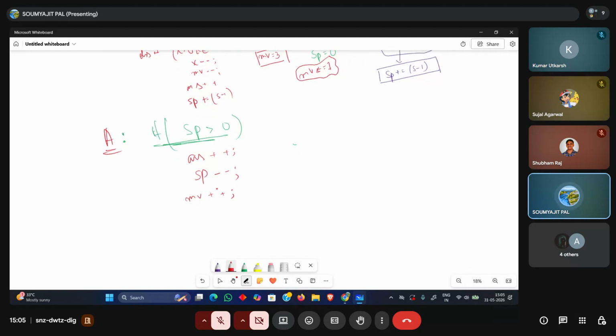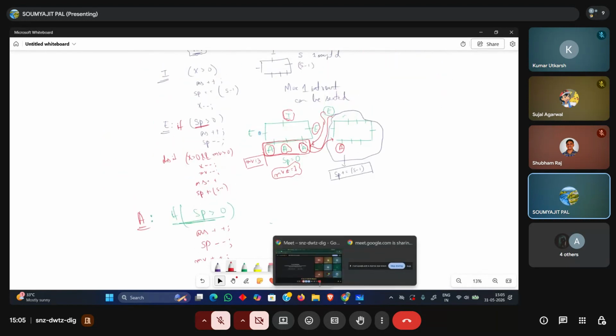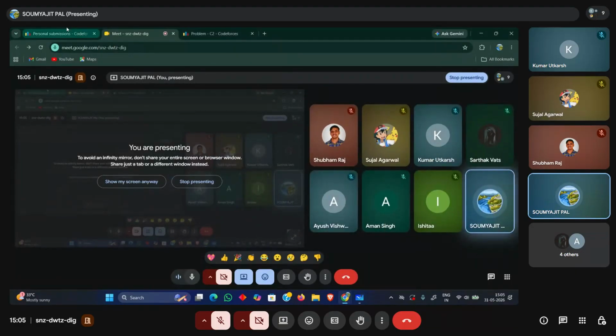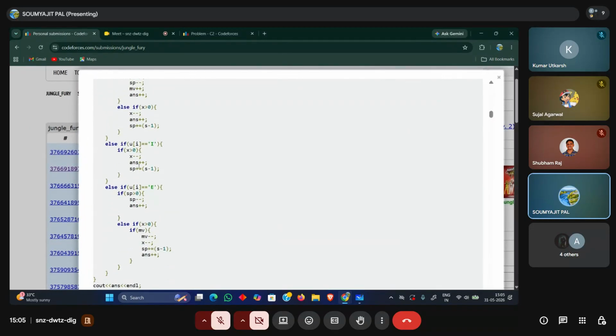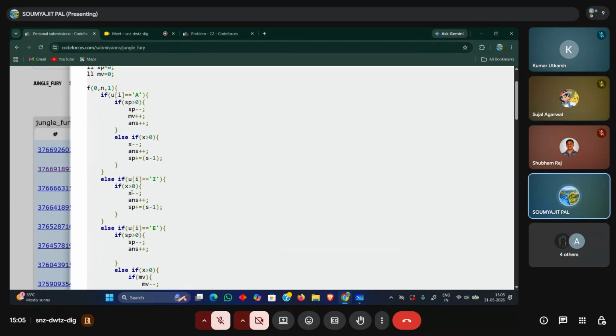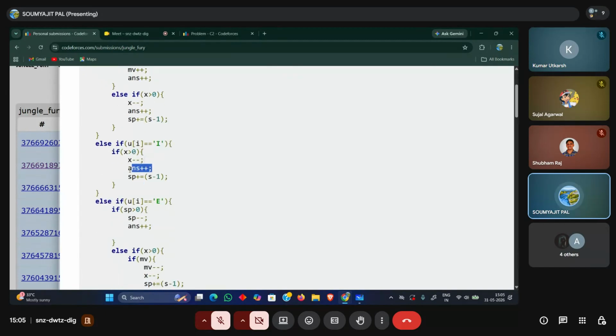Let us quickly look at the code that I have submitted. Starting from I, if there are empty tables available, my number of empty tables will decrease by 1, I increase my answer, and seats in an occupied table would be increased by S minus 1.